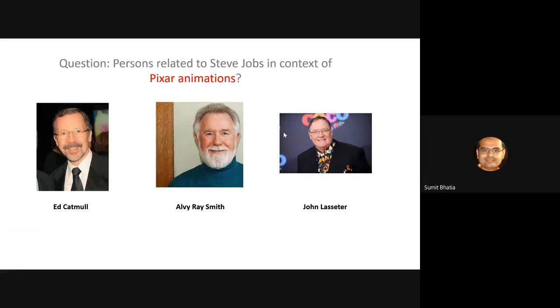One of them is an executive at Disney Pictures, because Disney owns Pixar Animations. These are all the persons that are relevant or connected to Steve Jobs when someone is interested in knowing about Steve Jobs' connections in context of Pixar Animations.